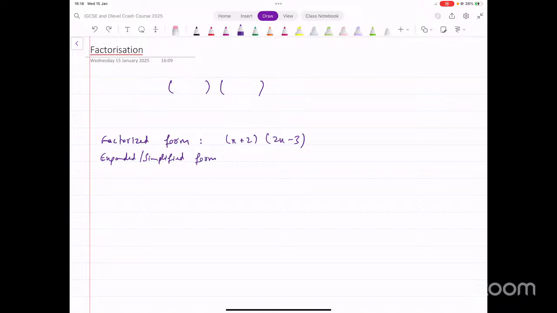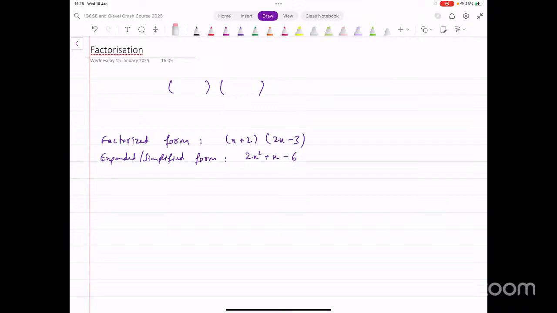In this case, that would look like this: 2x squared plus 4x minus 3x, which is plus x minus 6. This is called expanded form or simplified form. And what you have in brackets like this, multiplying, this is called factorized form.